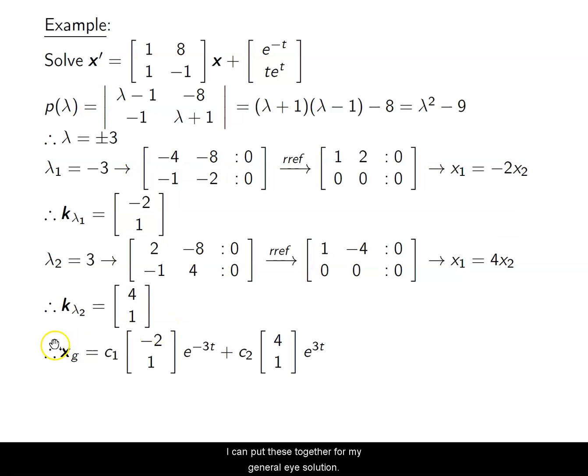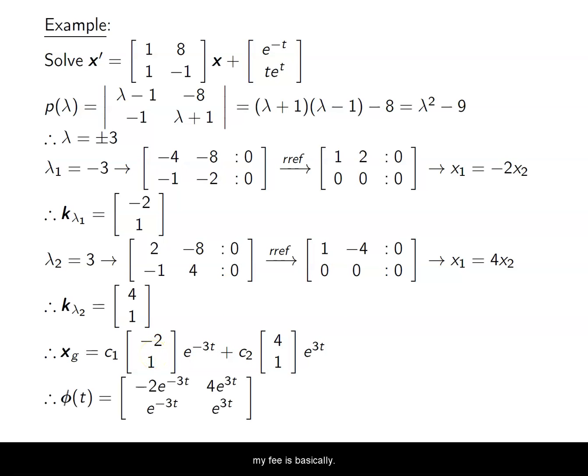I can put these together for my general solution with unknown constants, and I can use this to form my phi. Remember, my phi is made up of those vectors, so I leave the c1 and c2 out, they're just constant multiples. The functions based on these eigenvectors are negative 2e^(negative 3t) and 4e^(3t), e^(negative 3t), e^(3t). So this is my phi, my fundamental matrix made up of the solution vectors for the homogeneous portion.